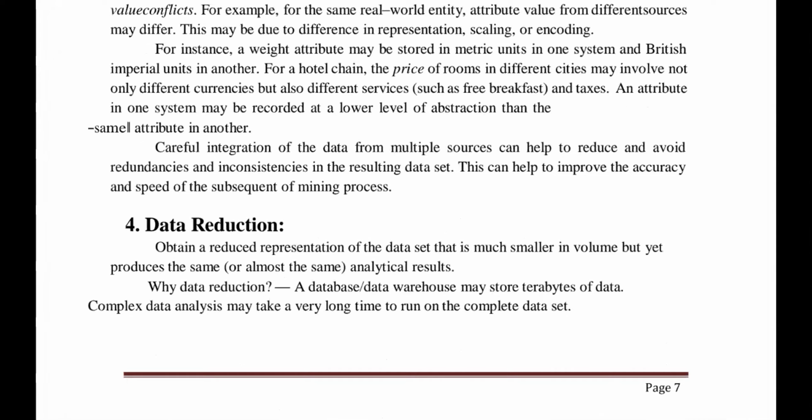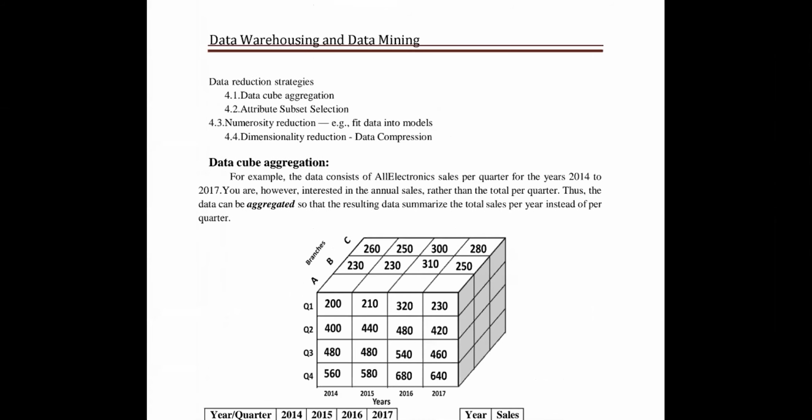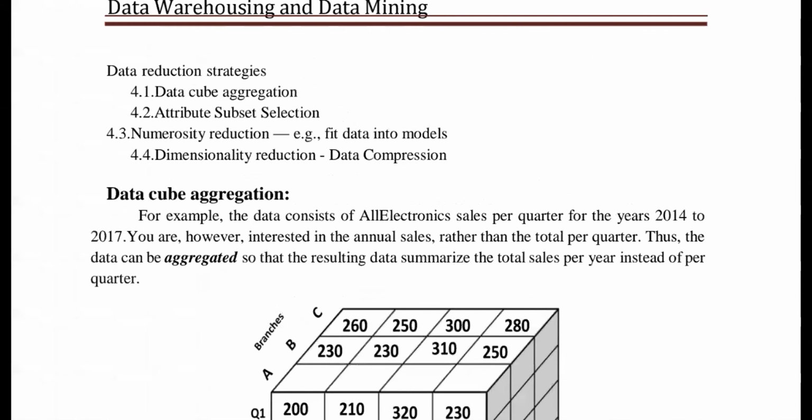Next one is data reduction. After normalization, we have to apply data reduction techniques, that is, data cube aggregation and attribute subset selection. Generally, data reduction is divided into types: numerosity reduction, dimensionality reduction, as well as subset selection and aggregation.